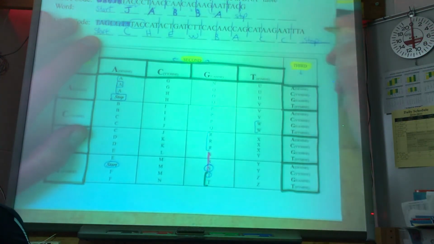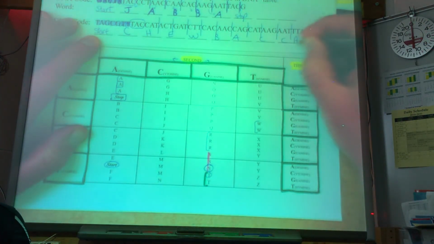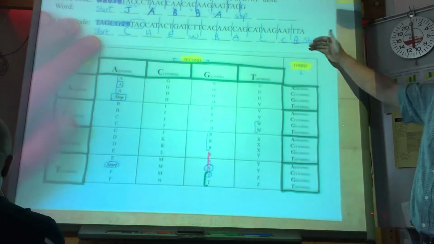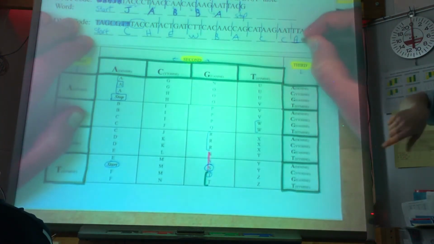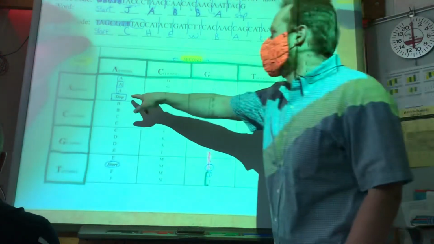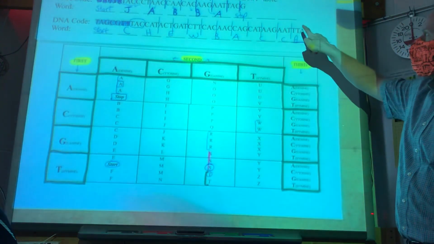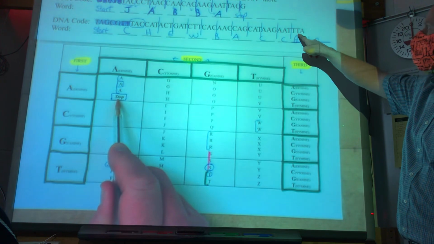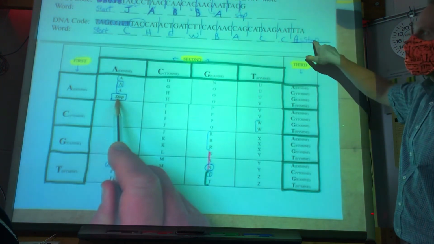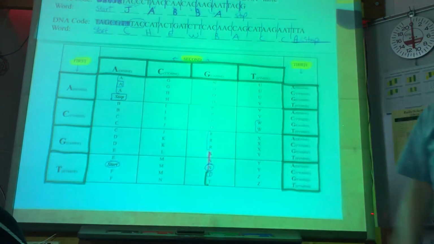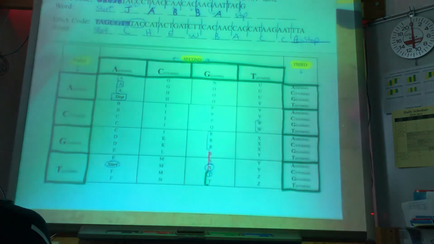And then we have a stop, right? What's our stop? Our stop is AAT, so AAT is right here. There is another 3-letter combination after that, but I stop spelling my word because it says to stop.